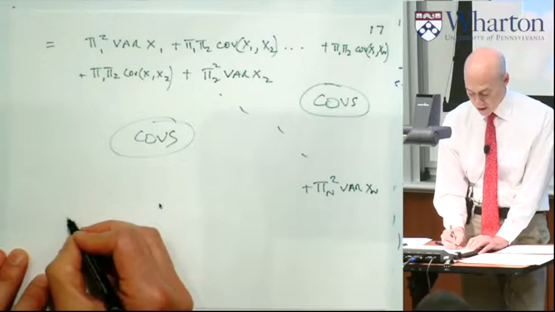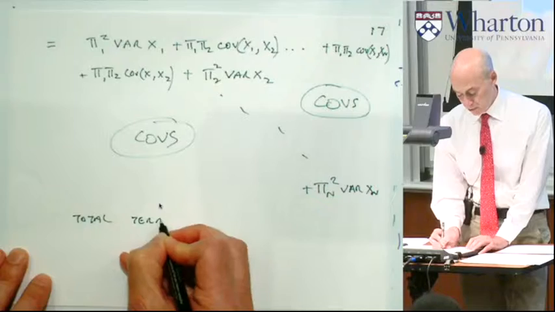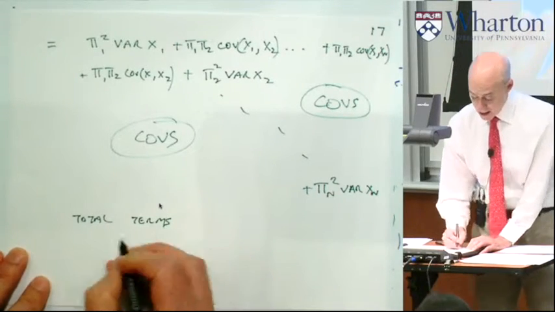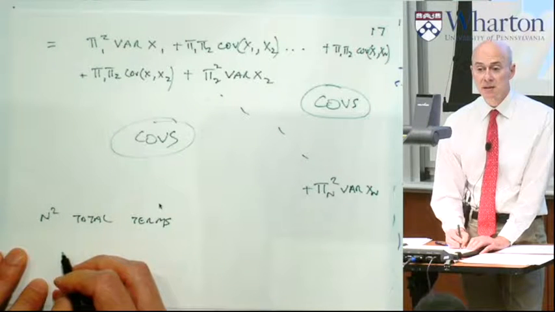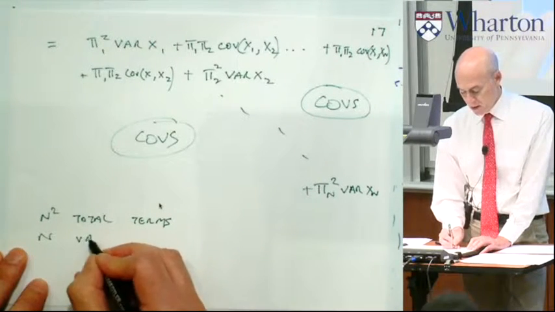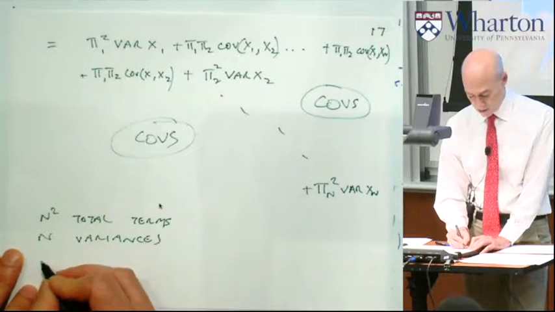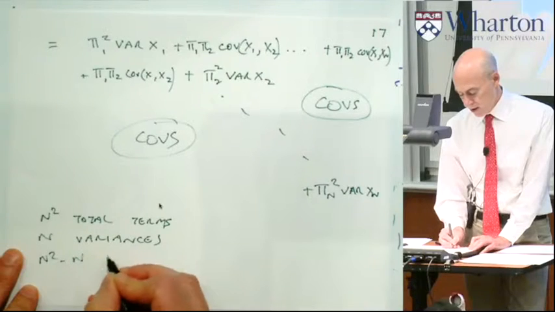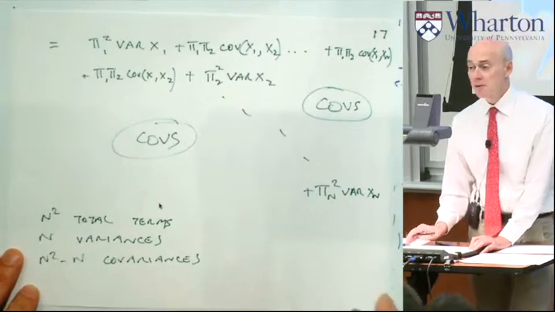How many terms are there in total? n squared, n times n. How many variances? We have n variances, so how many covariances? n squared minus n covariances. Does everybody see that?